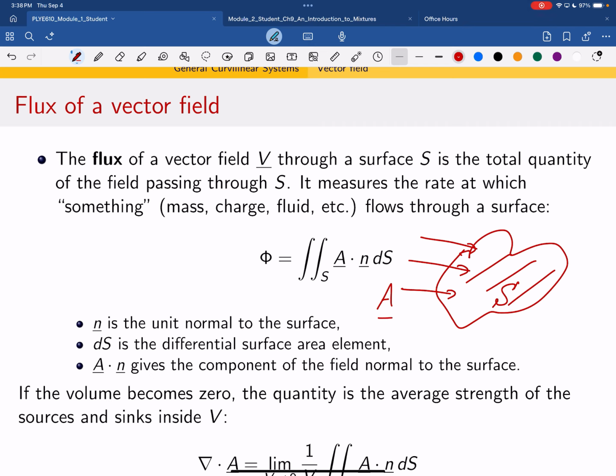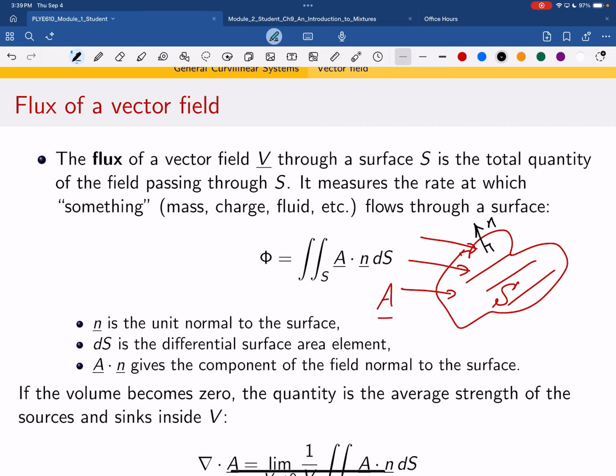If we want to understand how much of this V field goes through surface S, we define that quantity, let's call it phi, the flux. Obviously we need to sum it up over the area of the surface, and usually this vector n is defined as perpendicular to the surface.